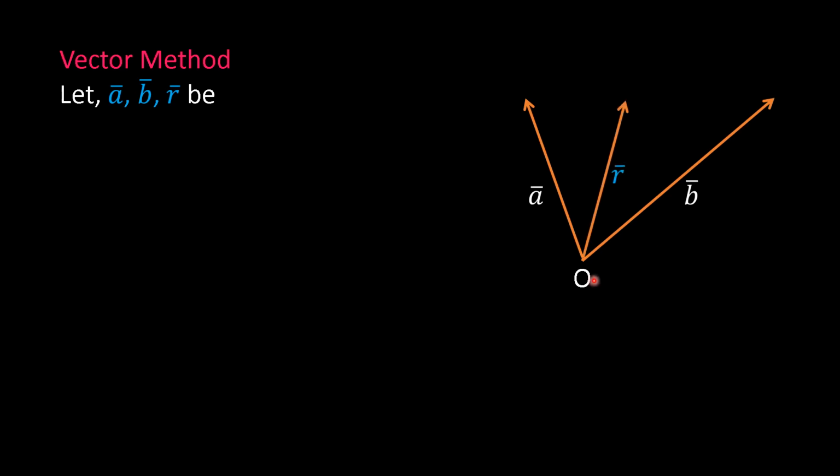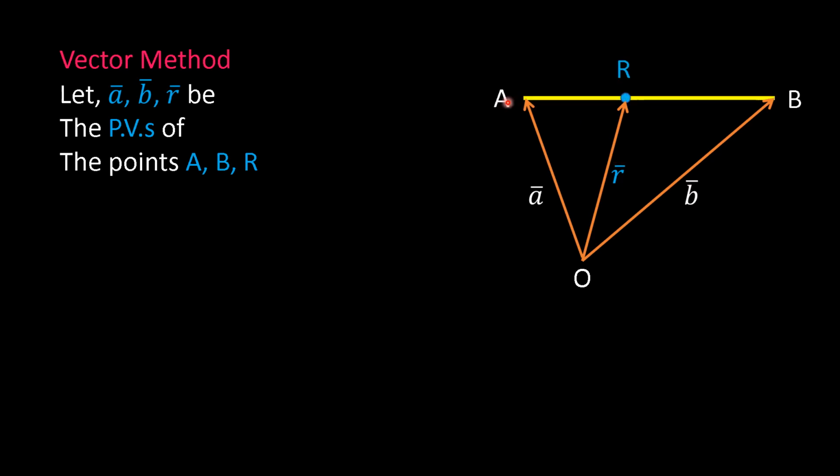We will use vector method to find the section formula for internal division. We will assume A bar, B bar and R bar to be the position vectors of the points A, B and R respectively.